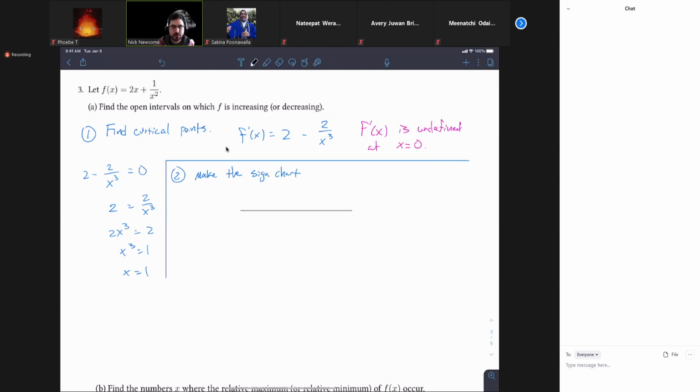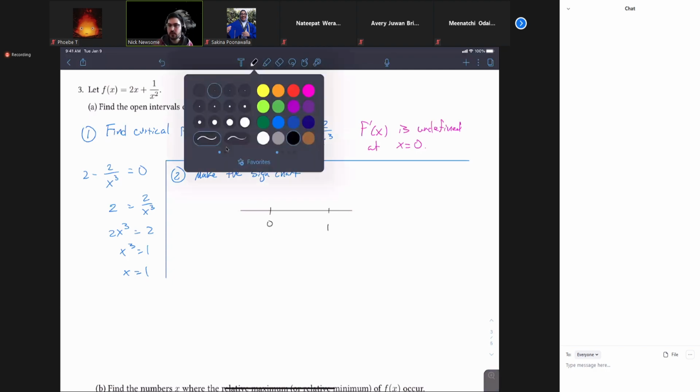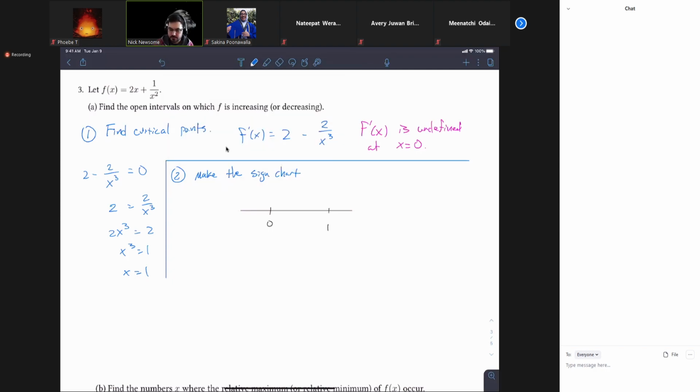And on this number line, we're going to put the numbers that we're interested in. Okay, the numbers that we found from critical points or where the derivative was undefined. Okay, so 0 and 1. Okay, so the intervals that we're interested in are negative infinity to 0, 0 to 1, and 1 to infinity.